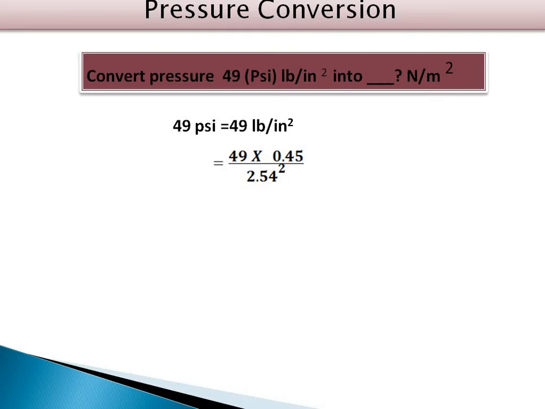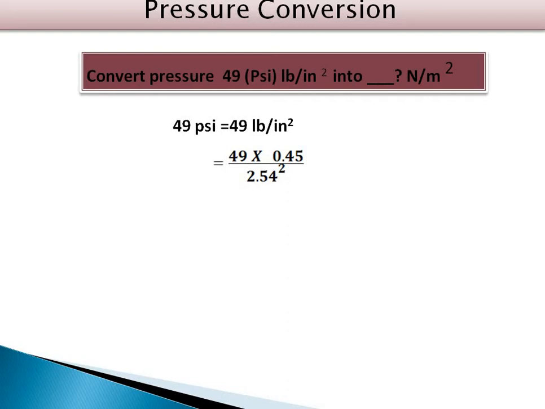How does 0.45 come? 1 pound is equal to 0.45 kg. So 49 lb is equal to 49 into 0.45 kg, and 1 inch is nothing but 2.54 centimeter. So inch square is nothing but 2.54 centimeter square.